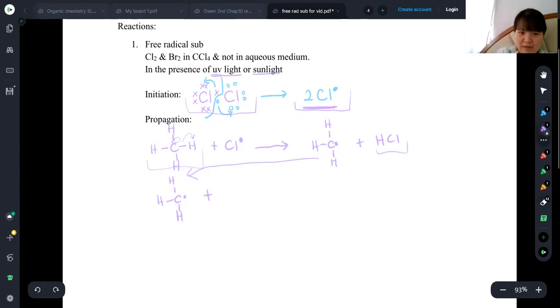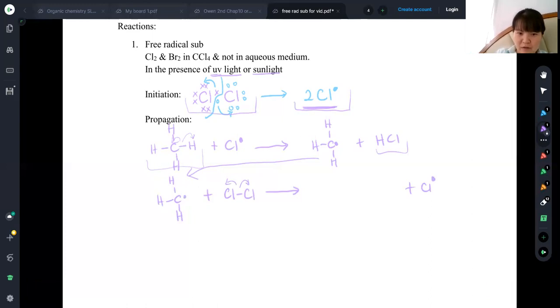Okay, so what happens next is I'm going to use that Cl2, and it's going to break homolytically again. So I'm going to get a Cl dot again. So the Cl dot comes right up, and this Cl goes into that methyl group radical.